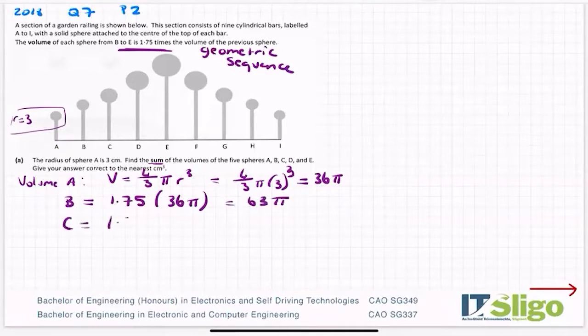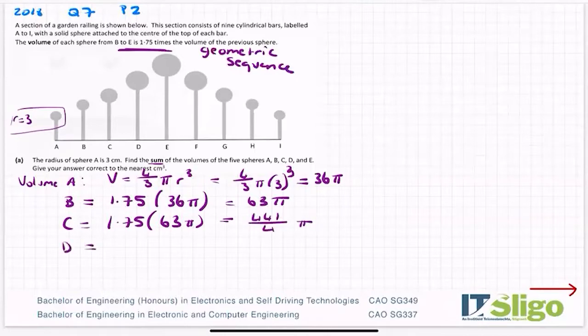C then is 1.75 times 63 pi. So multiply that one by 1.75, and I have 441 over 4 pi.